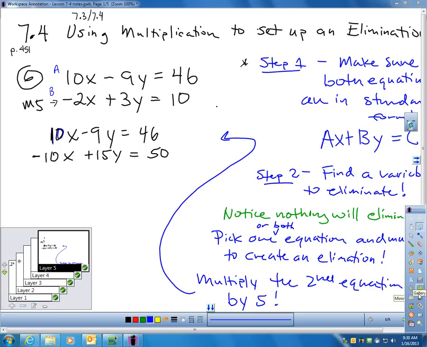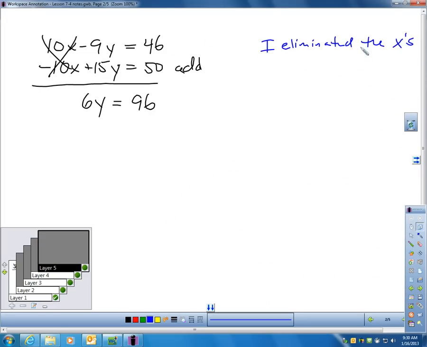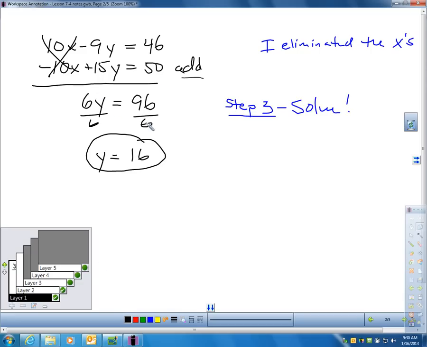Let's go to the next slide. I eliminated the x's by adding, and negative 9y plus 15y is 6y. 46 plus 50 is 96. I can divide by 6 and I get y equals 16.